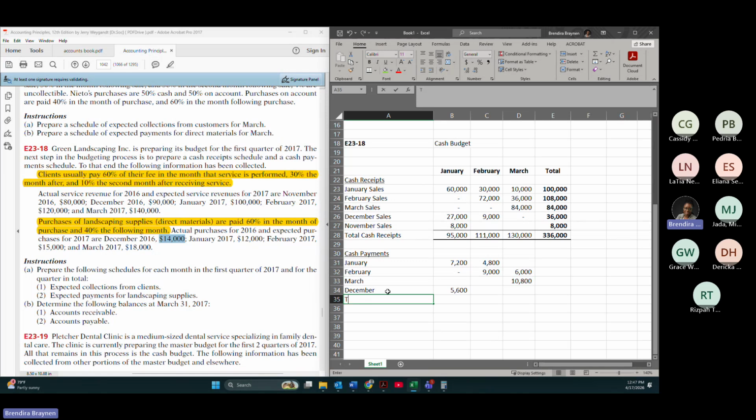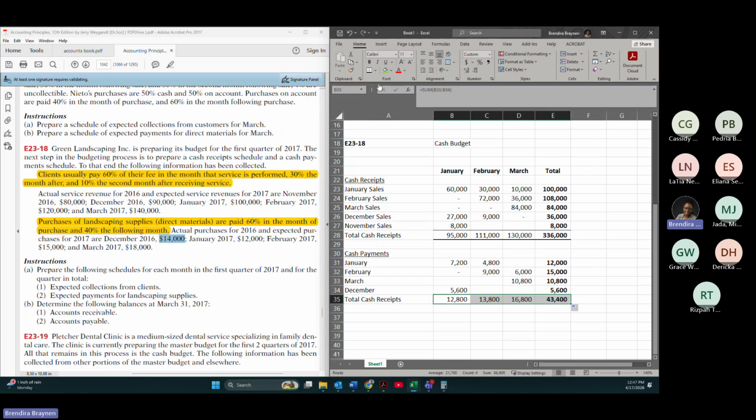And so I put in my total cash payments here and I sum it up. I'm just dragging everything over. And so I'm finding the total, that's 12,000. The total here, that's 15,000. Total here, 10,800. Total here, 5,600.